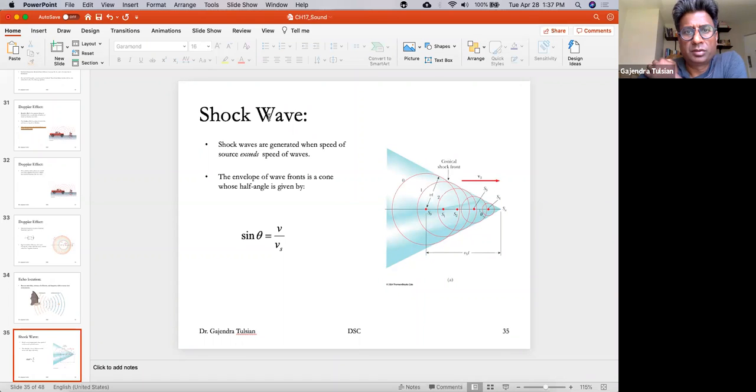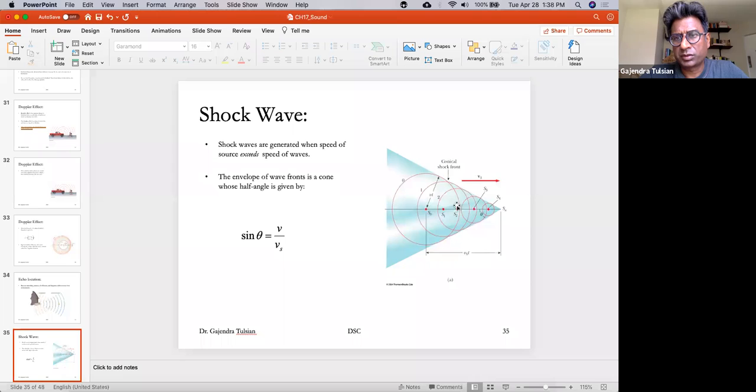Okay. So here's a shock wave. A shock wave is produced when a source moves faster than the wave. So for instance, here is a source. When the source was here, it produced a sound wave. And a little while later, the source has moved there. And this sound wave has only traveled there.